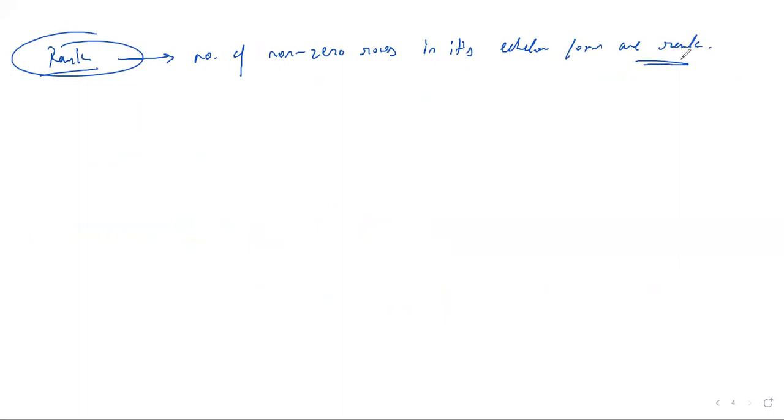Similarly, if we have two matrices which are equivalent, as A is equivalent to B, then rank of A is equal to rank of B.